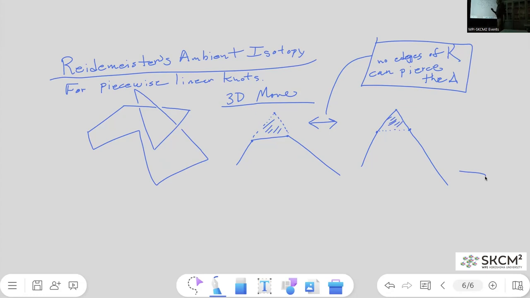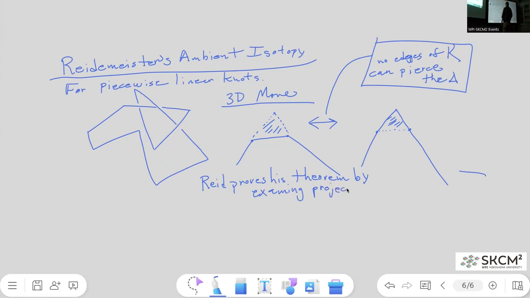And then Reidemeister proves the theorem by examining projections of PL knots under the triangle move.